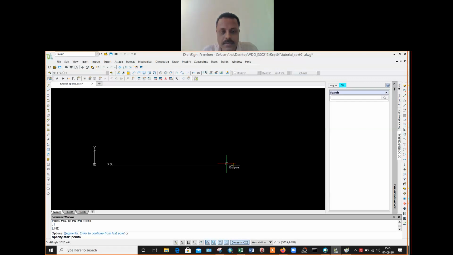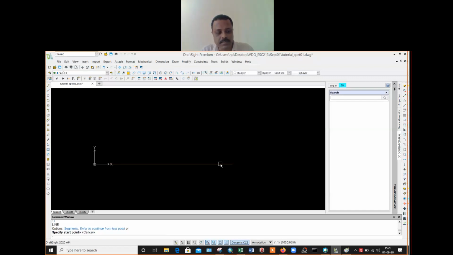If you keep your snap on, it will automatically go and pick that last point. If you do not keep it on, it cannot select. How can you keep it on or off? By simply pressing F3, or function F3. If I switch it off, I cannot pick that exact point.